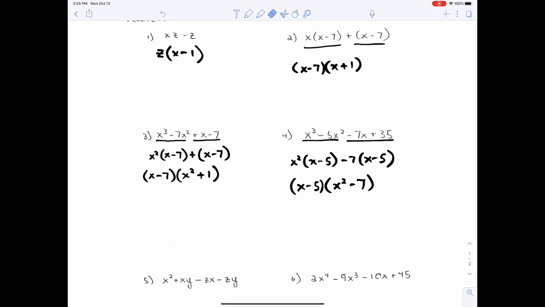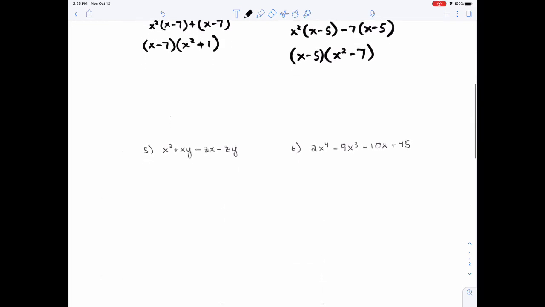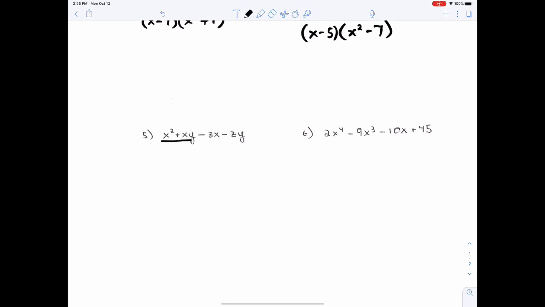Okay? All right, next. Let's take a look at the first two. Then take a look at the last two. So let's pull an x out of the first two, and that gives me x plus y. Let's pull a negative z out of the last two, and that gives me x plus y.